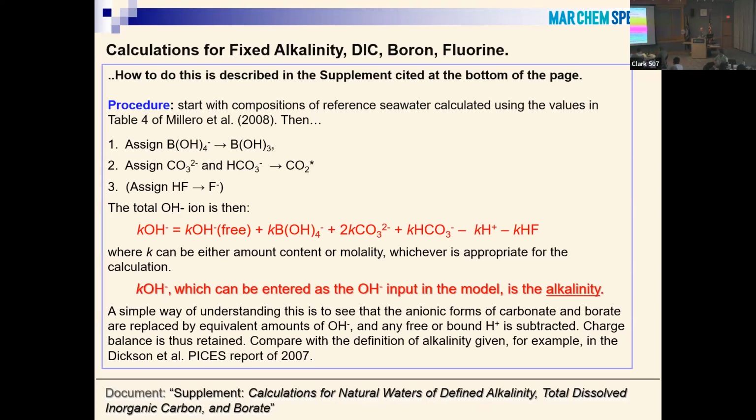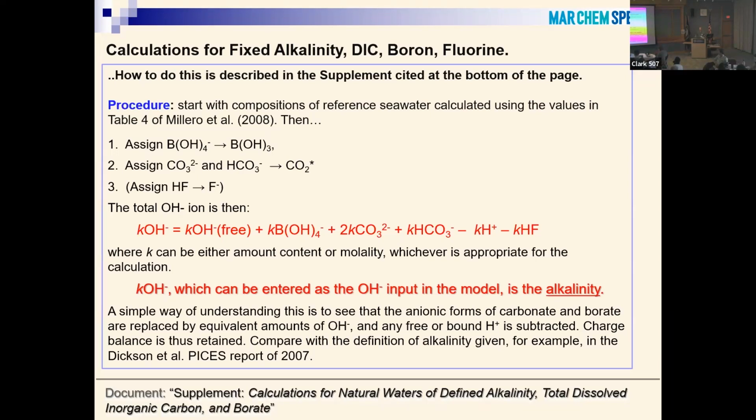replace those anions by OH minus, and then this expression here, just adding these things up, taking off any H plus that we've specified in our solution, we end up with the input hydroxide concentration being the alkalinity.